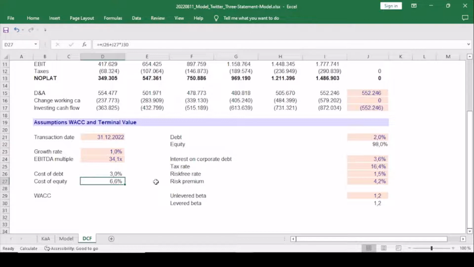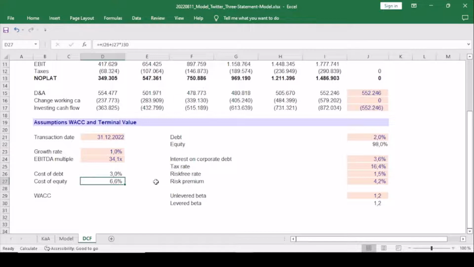So as you can see, the CAPM is a very handy formula and a simple approach calculating equity returns. The utilized beta or the beta factor thereby represents the systemic risk or market risk relating to Twitter.